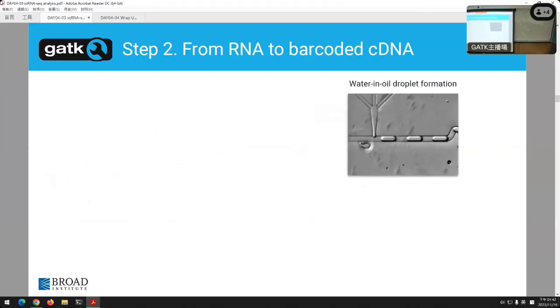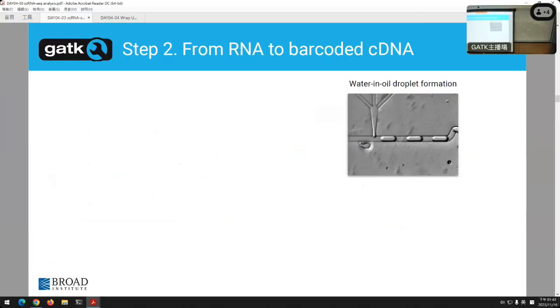All right, so because it's a PDF, this doesn't show animation, but this is actually pretty cool. The innovation here is that you can take a stream of oil, and you can push water into it. Since water and oil don't mix, the water turns into water beads, like circles of water.